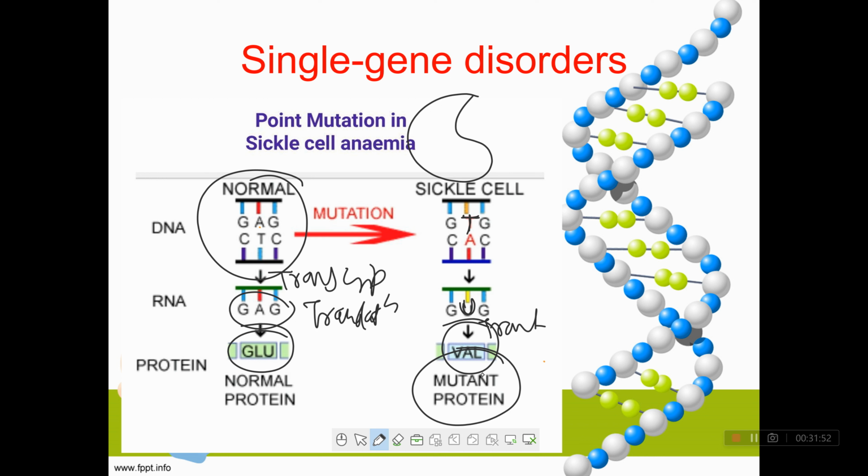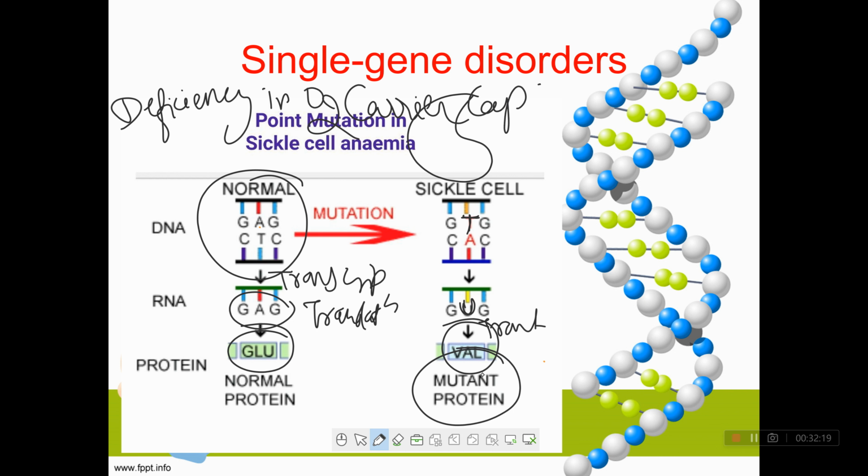The shape of the RBC is biconcave, and it changes into a sickle cell, and there is a deficiency in oxygen carrying capacity, so that it is called sickle cell anemia, right?